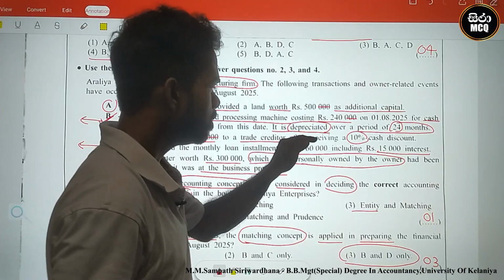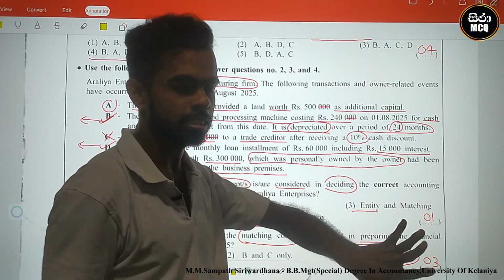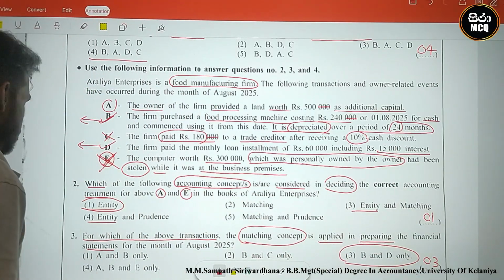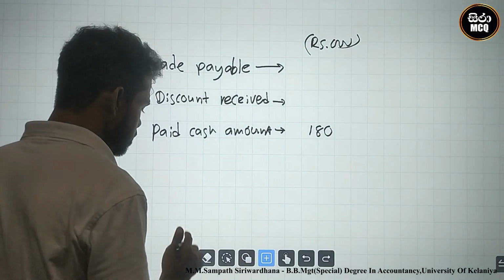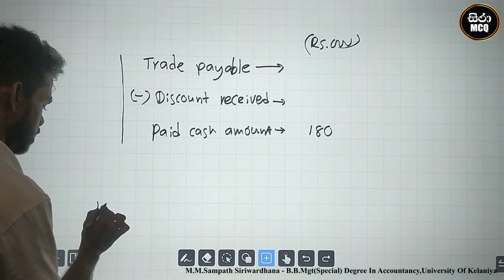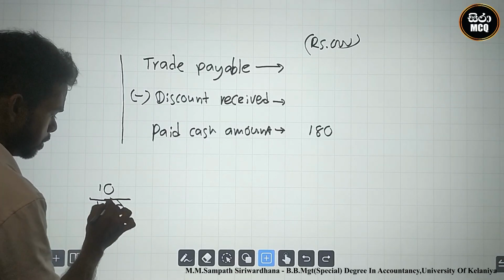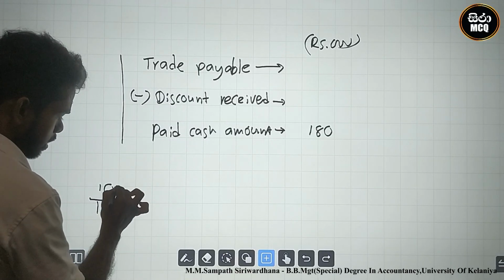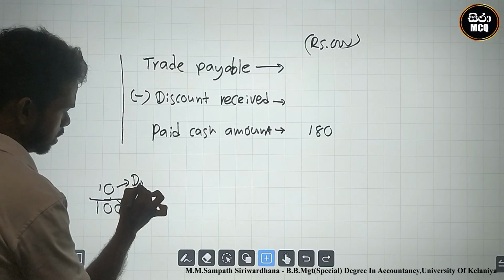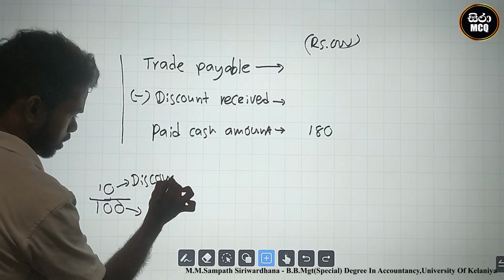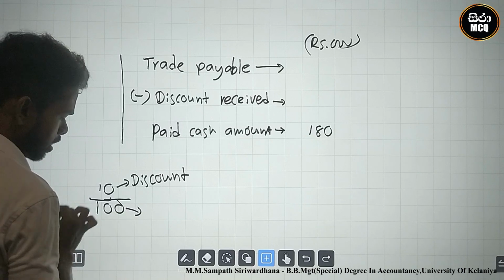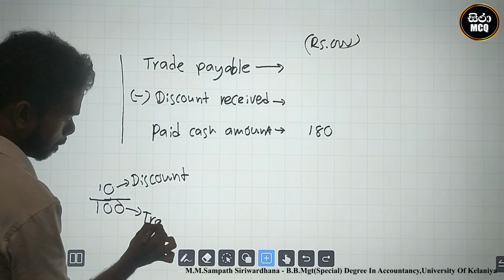Trade creditors after receiving 10% cash discount. The cash discount is 10%. What is the meaning of the cash discount? 10% means this is the discount. You know, discount is 10, and 100 is trade payable.